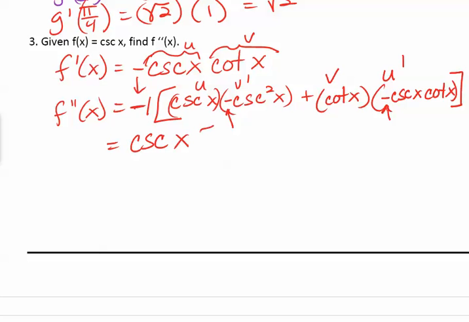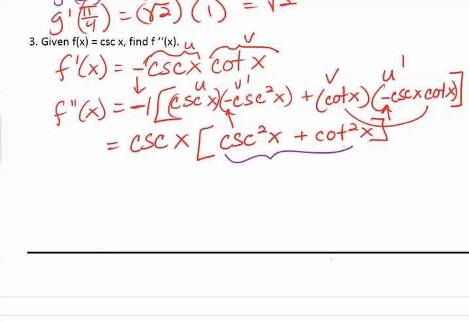So if I factor a cosecant out of each of those terms, and I factored out the negative, so here I would still have cosecant squared of x, and over here I would have a cotangent squared of x. How much we simplify these is always a matter of time available, and whether you see something that's definitely going to be easier if simplified.